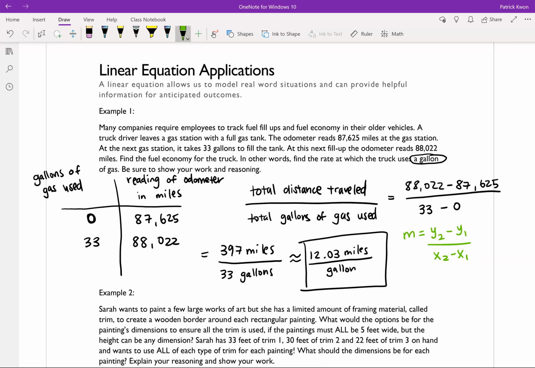We have these two ordered pairs here, and we can label this one x1, this one y1, this one x2, and this one y2. So if you see this formula in a textbook or online somewhere, this formula is what we basically did in order to calculate this value here.